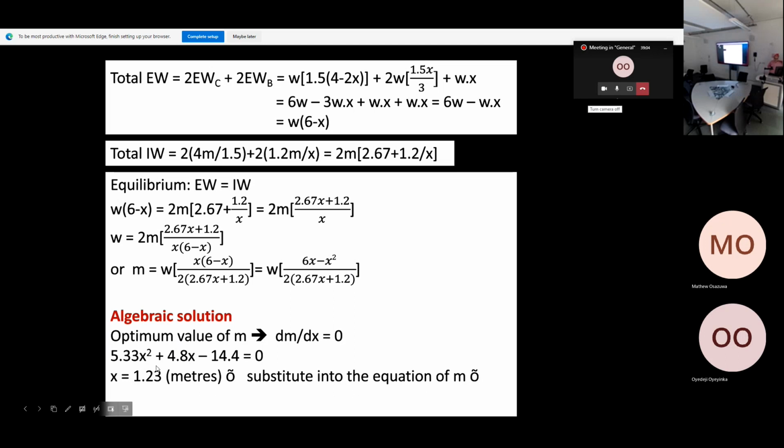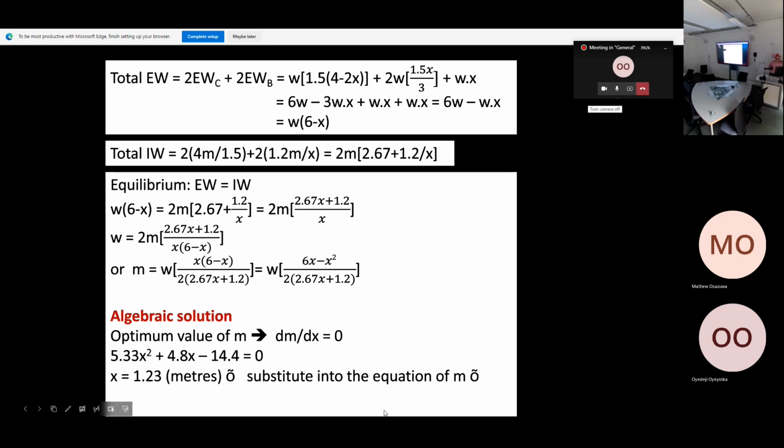Now always check that your values make sense. Because if you make a mistake and you get an x value of, I don't know, 5 meters or whatever, which is more than the actual length, obviously you need to reject it. So here, although you have 2 possible solutions, there is only one acceptable, which is 1.23 meters.